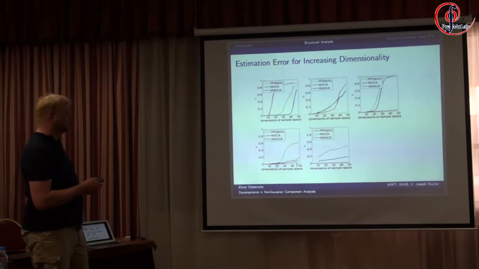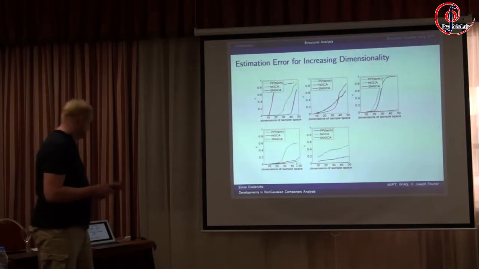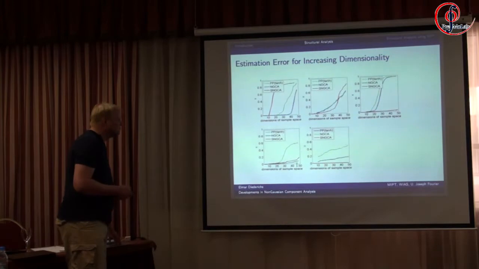It's not true for all types of non-Gaussian components, but if you compare the behavior of the error measure up to higher dimensions, you can see that there's some kind of systematic progress. Well, this is not the end of the story. We can, of course, improve this.